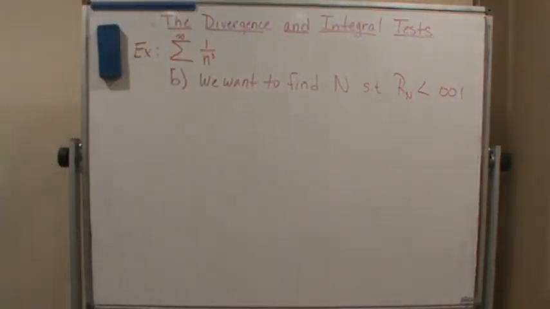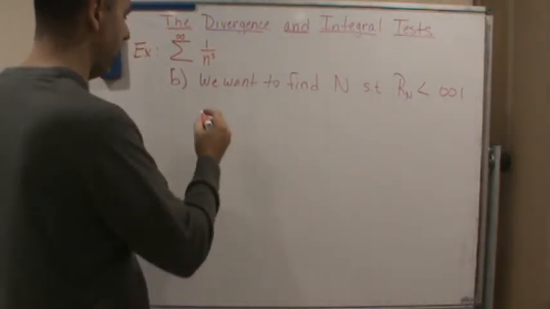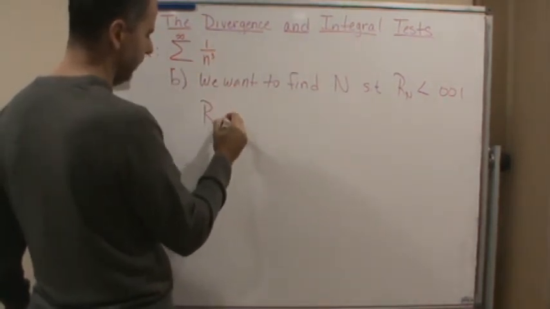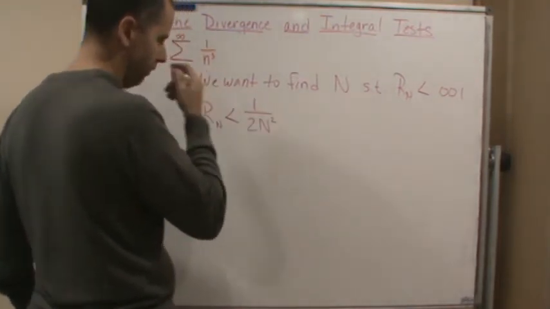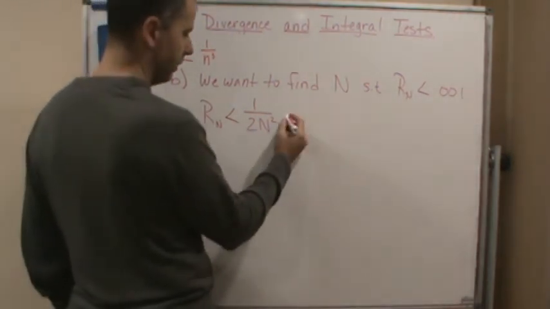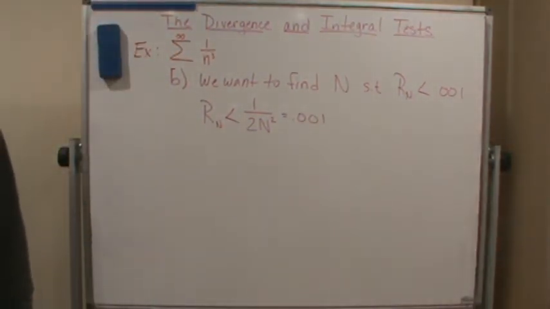But now, we know that r sub N, based on this series, is less than 1 over 2N squared, right? So basically we want this to equal 0.001. That makes sense, right?